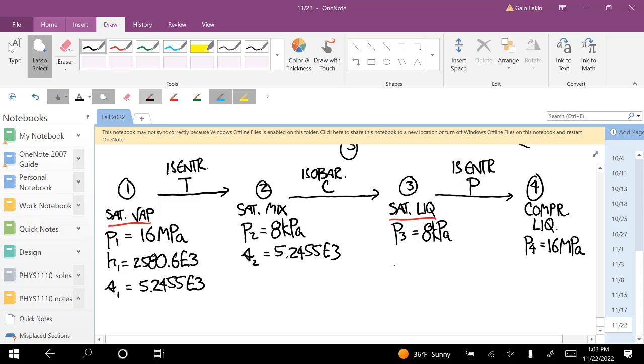At state 3, we can look up H3, 1316.6 times 10 to the third.